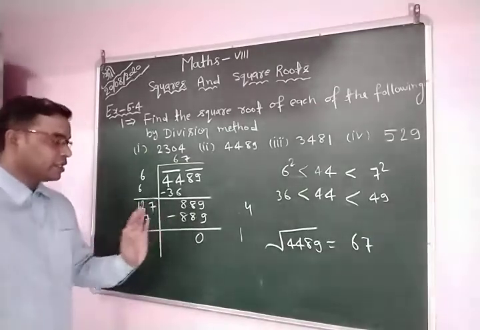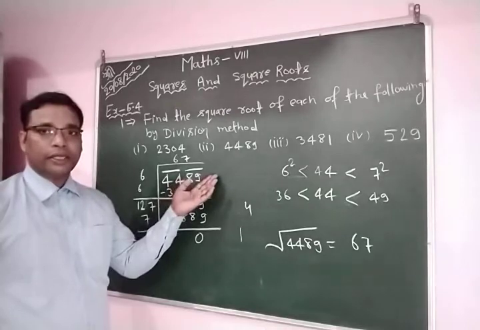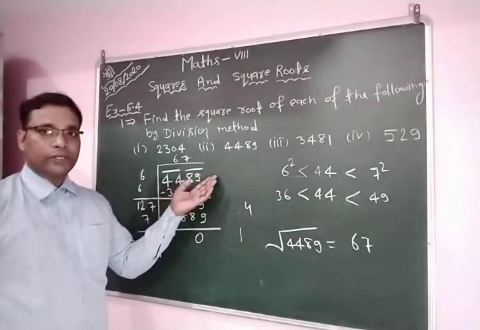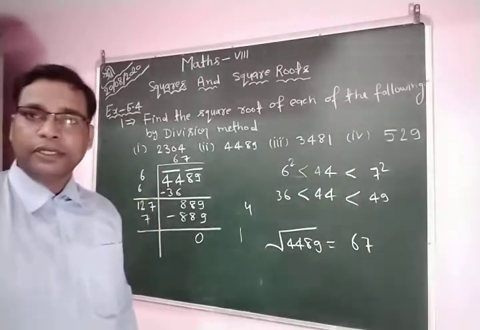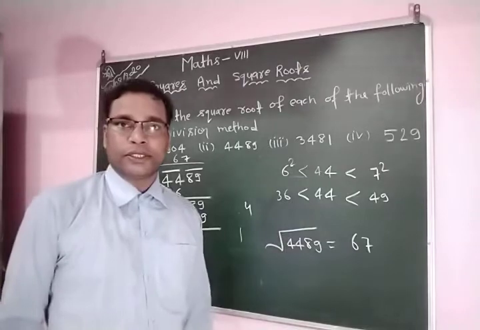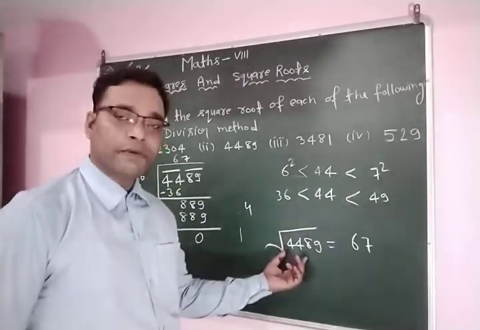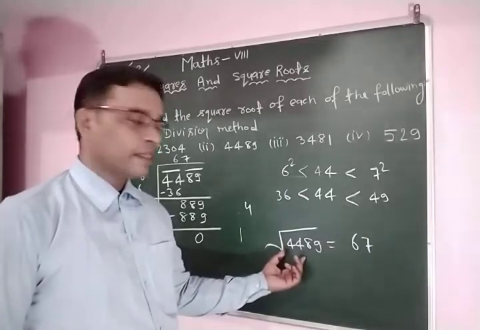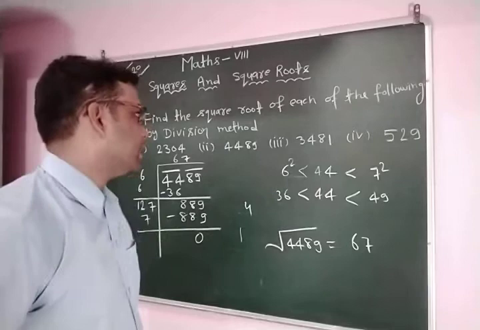After we subtract, we find 0, and there are no other pairs. So the square root of 4489 is 67. Okay, the square root of 4489 is 67.